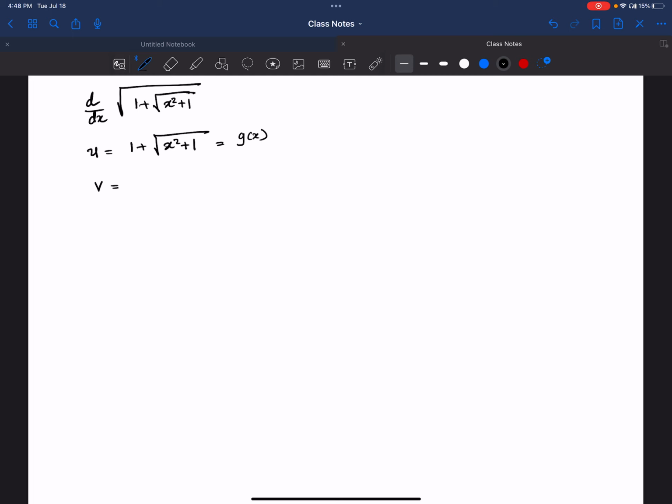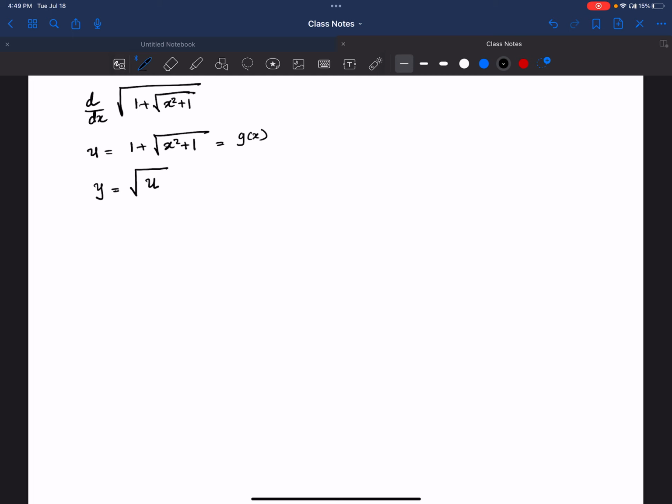Now let's take it like this. So you define this as g of x. So your y is actually the square root of u. Okay, square root of u.